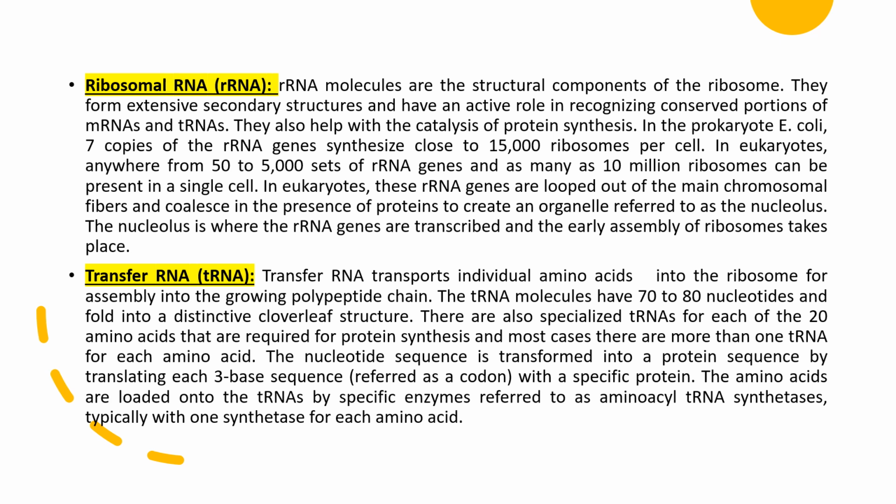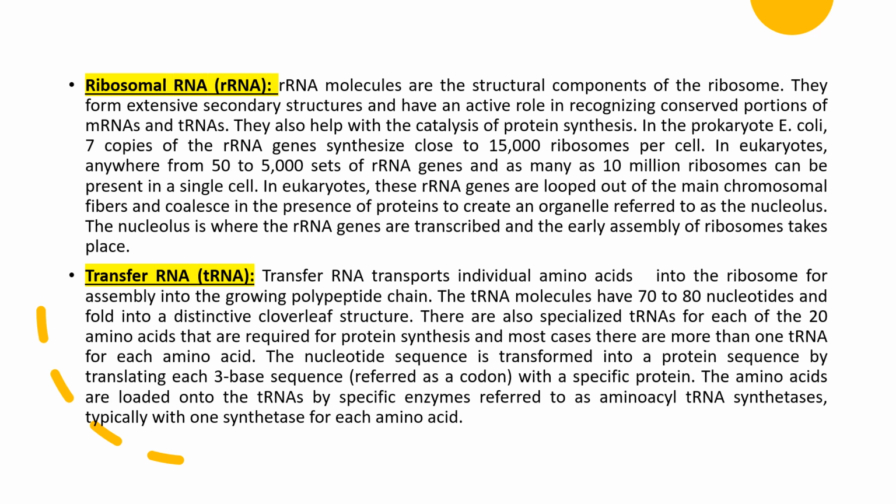In the prokaryote E. coli, 7 copies of the rRNA genes are synthesized to close to 15,000 ribosomes per cell. In eukaryotes, anywhere from 50 to 5,000 sets of rRNA genes and as many as 10 million ribosomes can be present in a single cell.